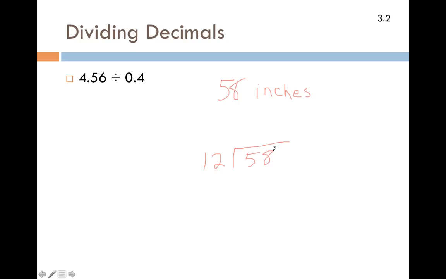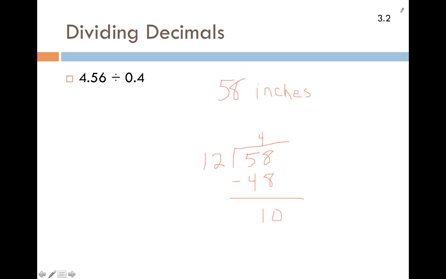How many 12s can we pull out of 58? If we pull out 5, that's going to be 60. That's too many. So we can try 4. 12 times 4 is 48. So we're going to subtract out 48, and we're going to be left with 10.